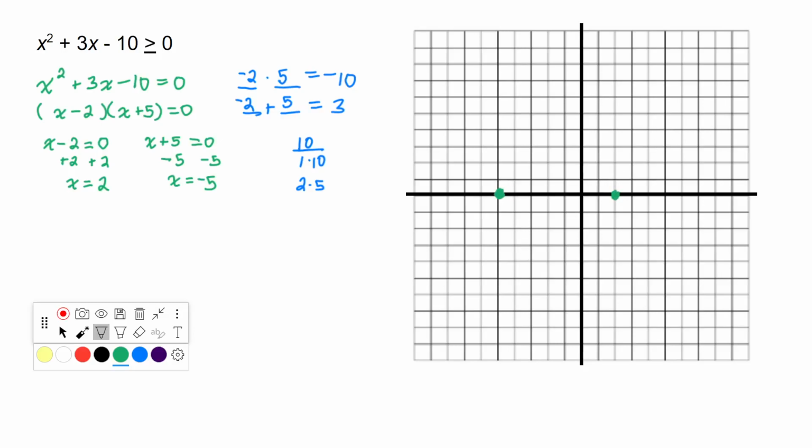I don't really need to be 100% accurate with my parabola that I'm going to graph. What I'm going to look at is the original trinomial, the x squared plus 3x minus 10, and I see that the x squared term is positive. So I know that this parabola is going to open up while going through those 2 points.